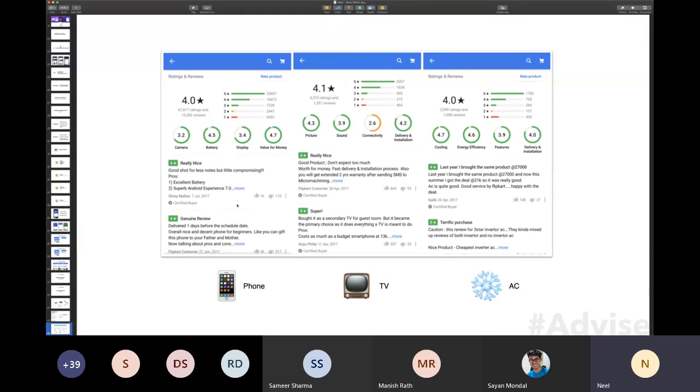Those are the ones we focus on because those are the decision-making factors. By showing upfront how these aspects of the product are, you are essentially helping them decide which air conditioner to buy. If you don't provide representations like this, people would have to read a lot of reviews to form an opinion about how the product actually is, whereas a summary can help them make that decision a lot faster.